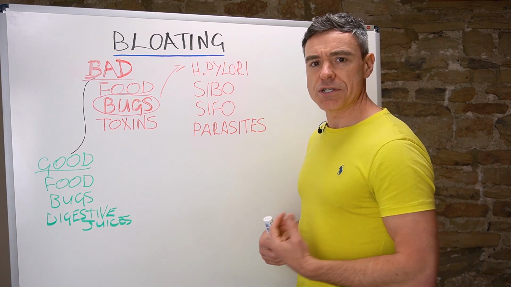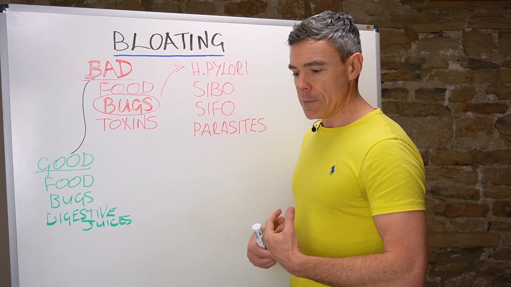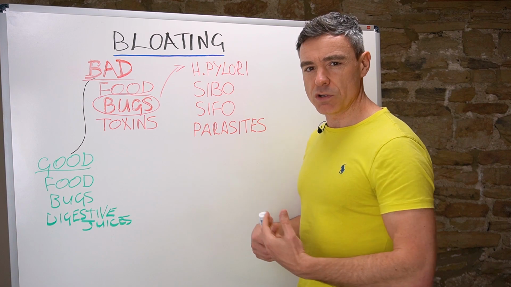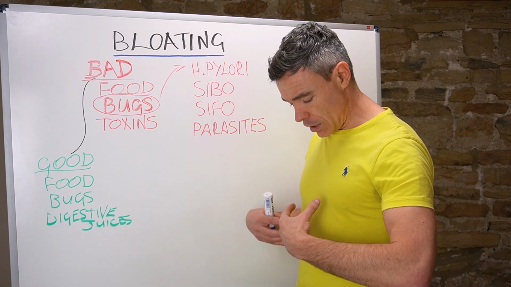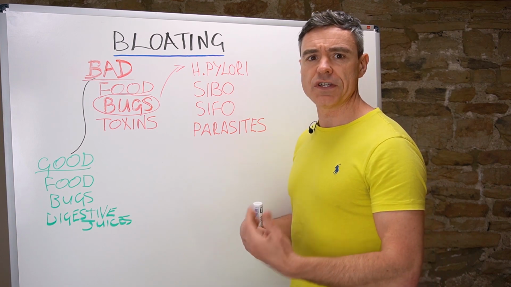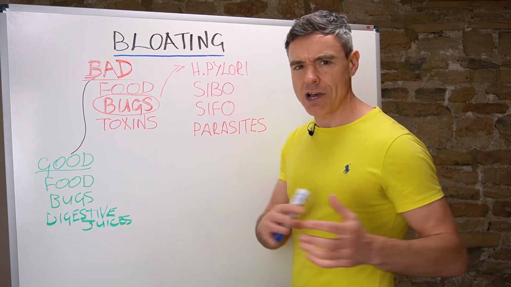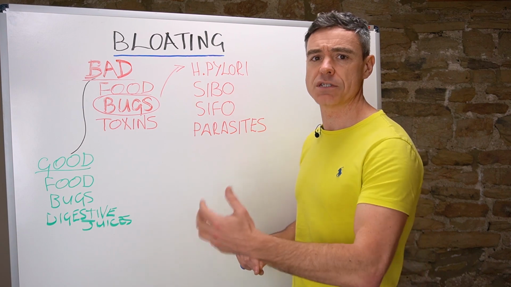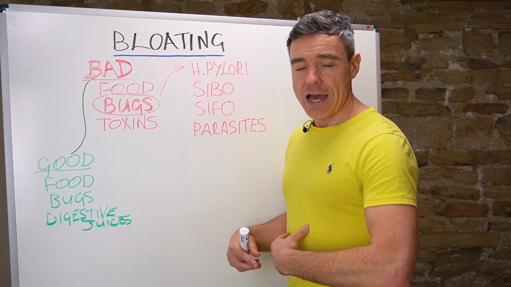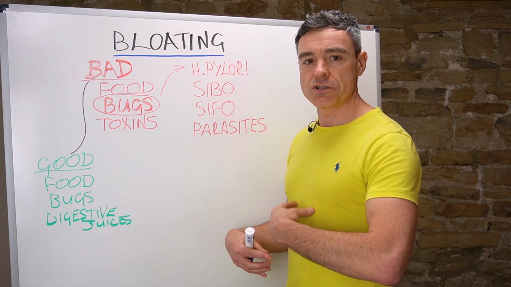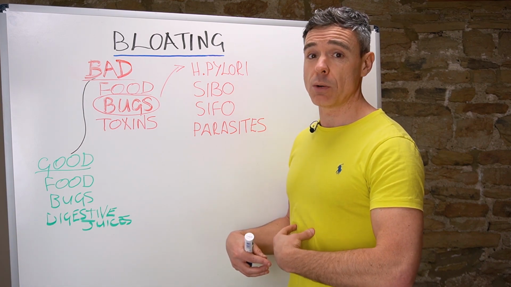One other mechanism by which H. pylori might exert an influence is, if you remember from the first video, I talked about this idea that when there's inflammation in the digestive system, the inflammation, through something called visceral somatic reflex, which chiropractors and neurologists tend to be aware of, is where you have inflammation in the digestive organs and it actually shuts down the contraction of the abdominal wall or the abdominal muscles.